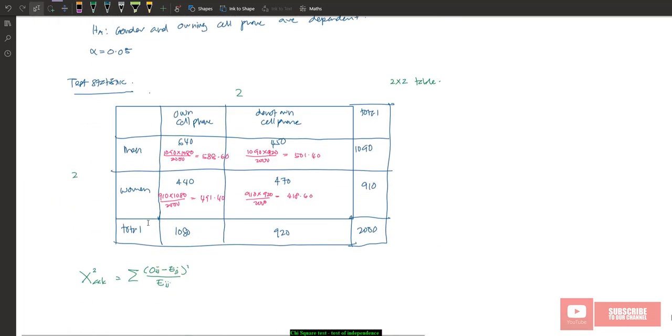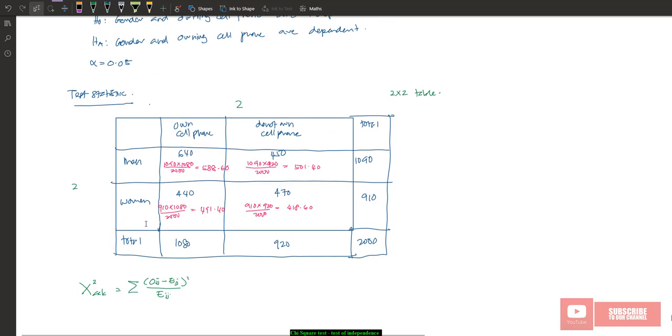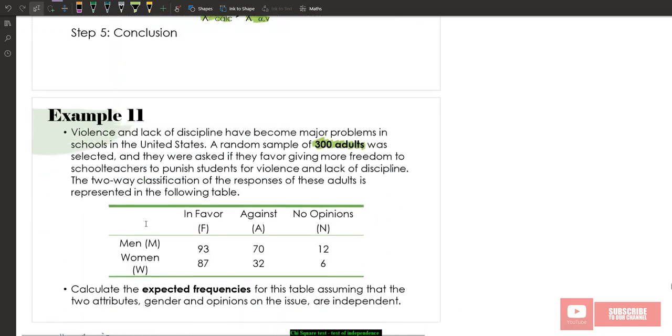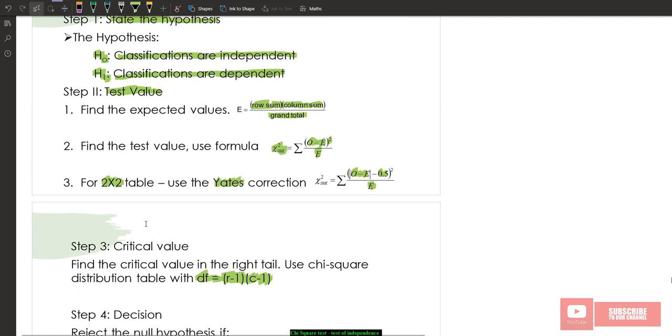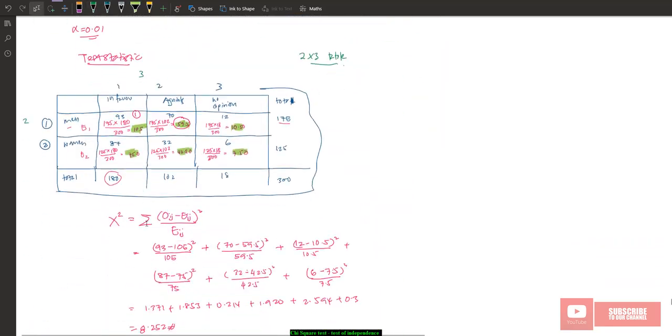So if you have a 2 by 2 table, look at the notes that I gave to you. For a 2 by 2 table, we are going to use the Yates correction statistic, which is where we take the modulus of observed minus expected, minus 0.5, squared, divided by the expected value.